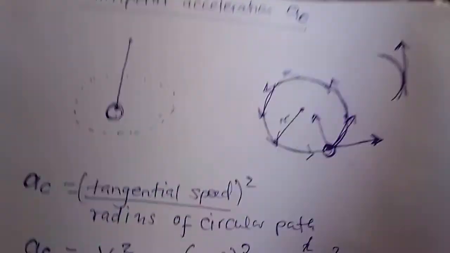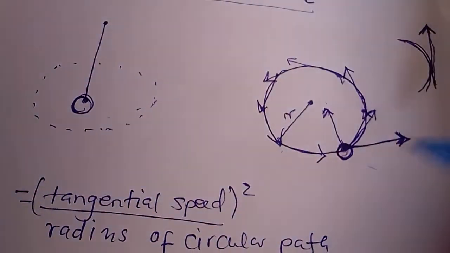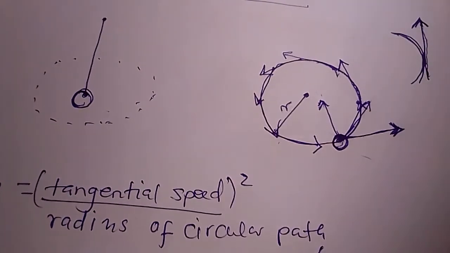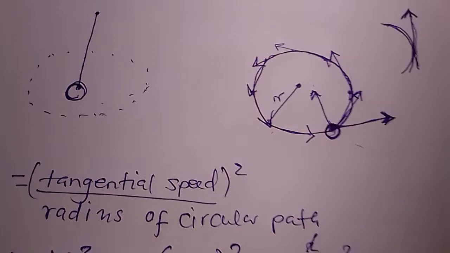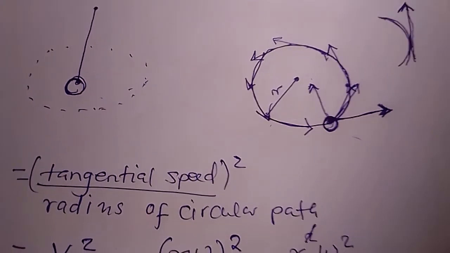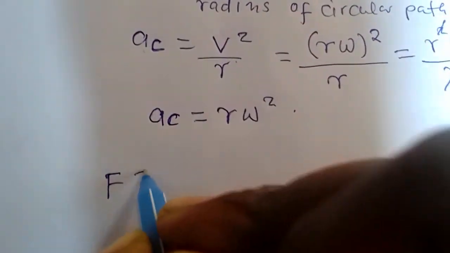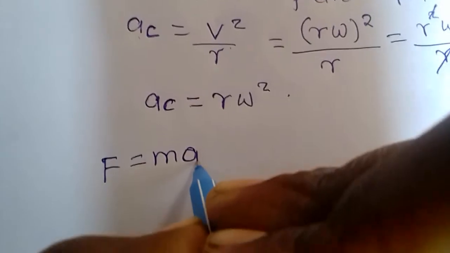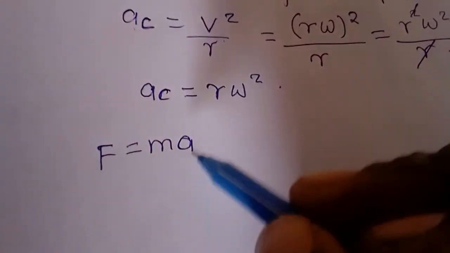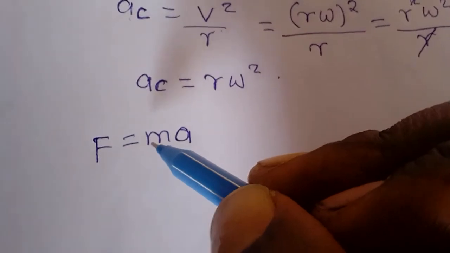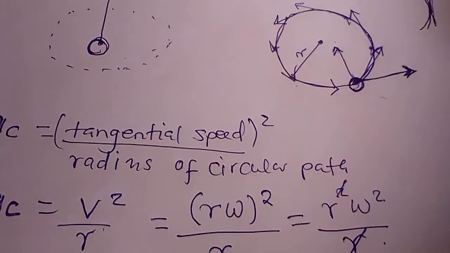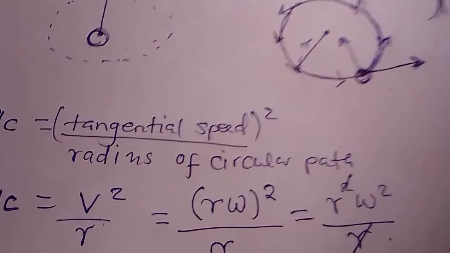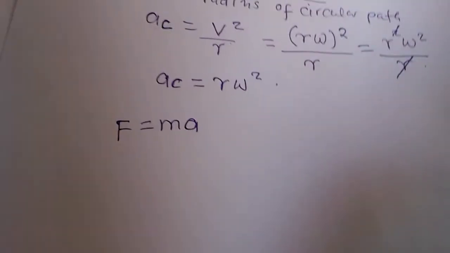Then as this ball is moving around this circle, because it has an acceleration and it has a mass, we can come up with a term which is known as force. From linear motion, we say that force is equal to mass times acceleration, and this force is caused by an acceleration on the body. Because the acceleration is centripetal, the force also is centripetal, because the force acts in the same direction as the acceleration.